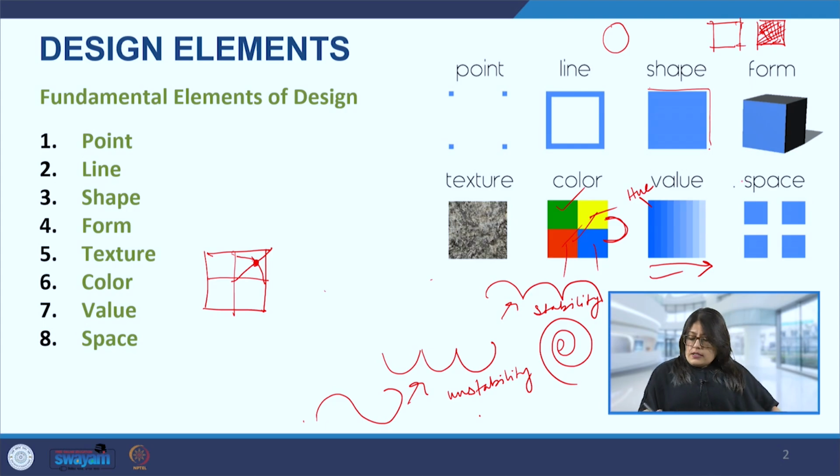Here we can see in this example these 4 blue squares, and then this is the negative space, the white space between the 4 squares. We can see how it is forming a cross.